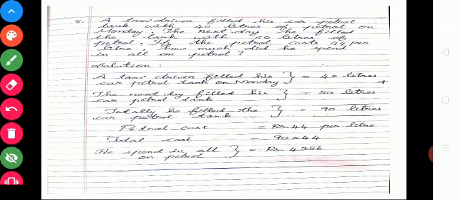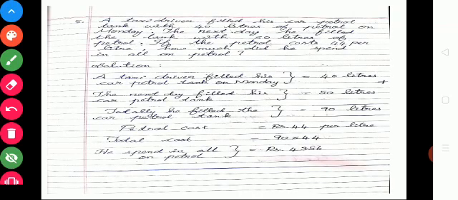Now multiply 258 into 1,000, 2,58,000, plus 258 into 8, 2,064. Yes. Now add 2,58,000 plus 2,064. Your answer is 2,60,064.